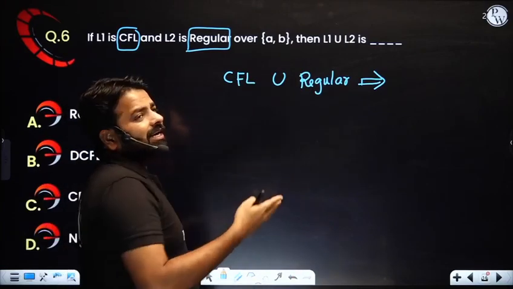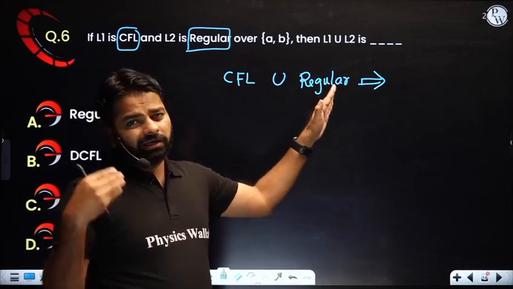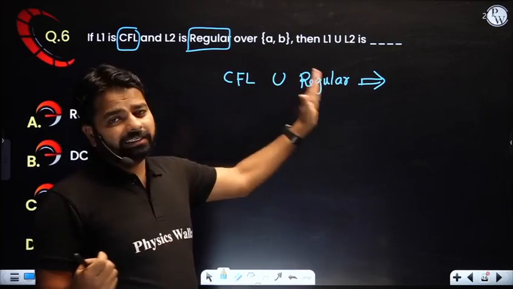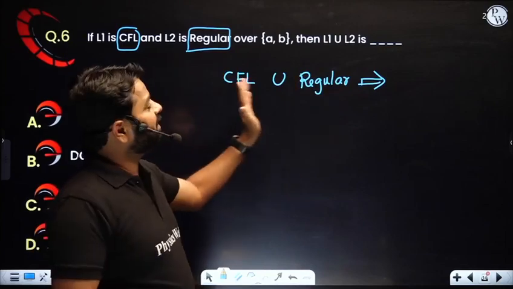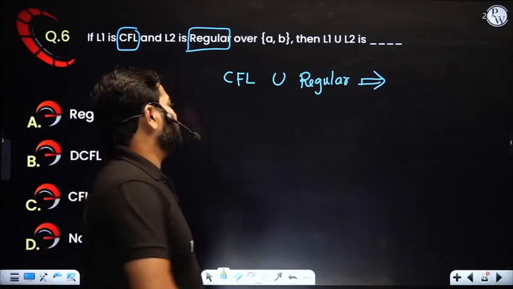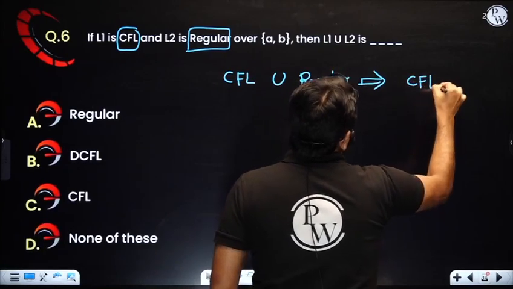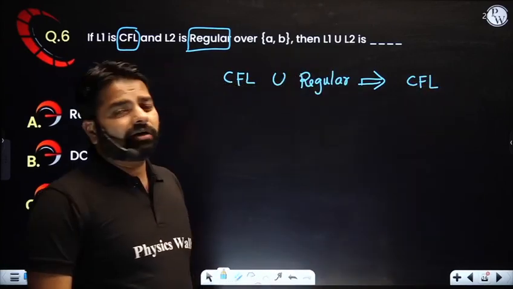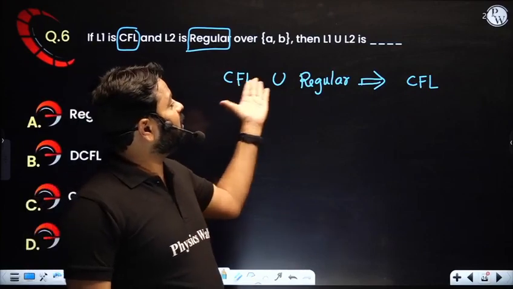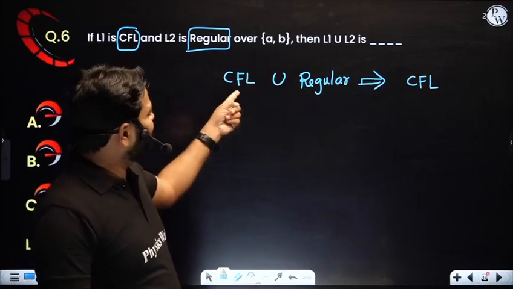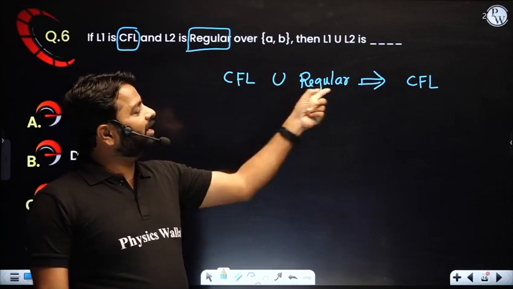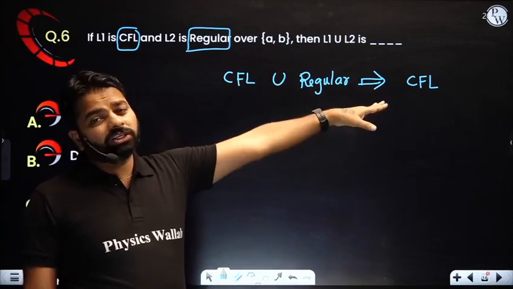Anyhow, it's very clear CFL union regular is CFL, CFL union DCFL is CFL, and CFL union CFL is CFL. Without any confusion, it is always CFL. But the answer may or may not be regular, depending on what two languages you have taken. If this CFL is already regular, regular union regular, you may get a regular, but that regular is also CFL.